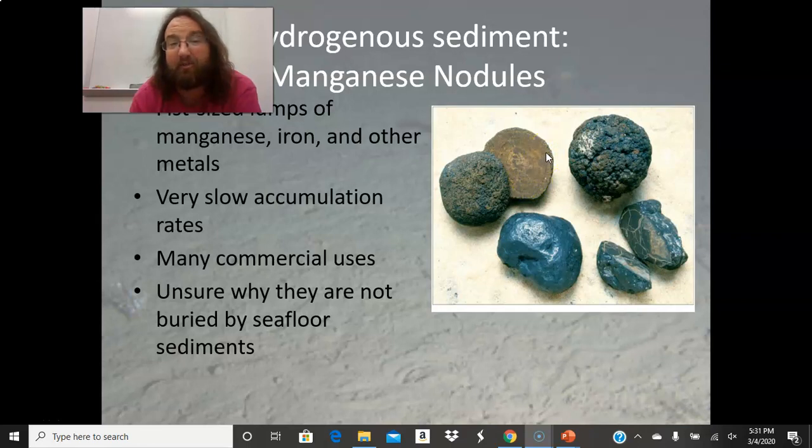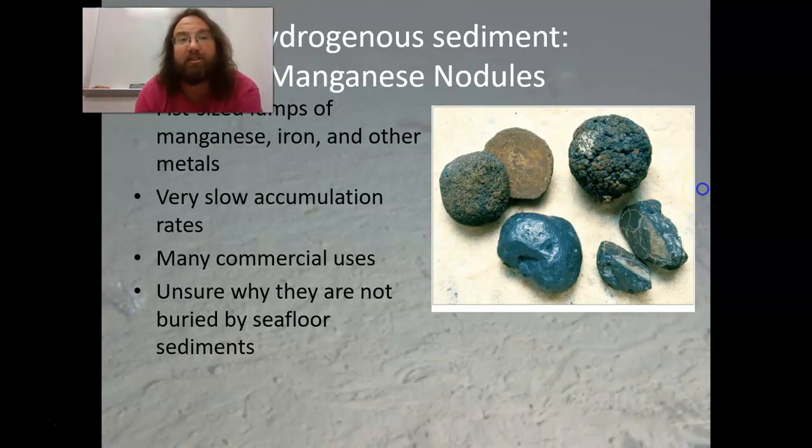You clearly need some fairly slow rate of deposition, but we're not sure why they don't get buried. Manganese is fairly valuable, but the deposits are so deep that mining them is not exactly economically viable. What they do grow, you find in certain parts of the Pacific Ocean basin, and you see them everywhere on the seafloor.